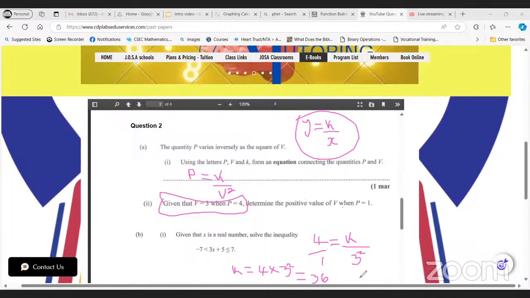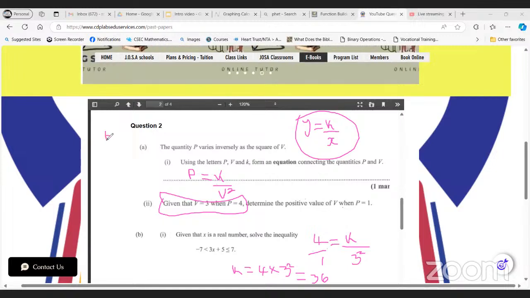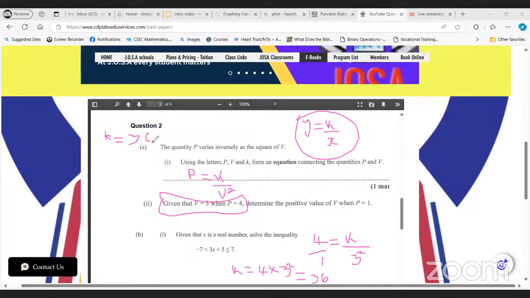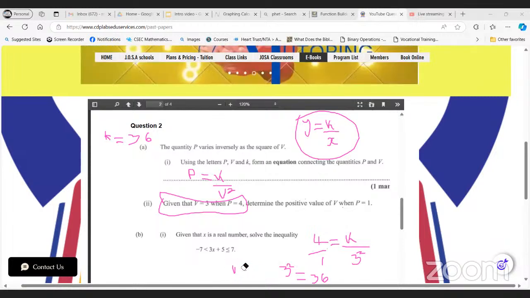So now we have that. We know what K is. So let's write K somewhere up here so we don't forget. K is equal to 36. So let us now erase. No, not everything. Gosh. So we'll erase this part right here.